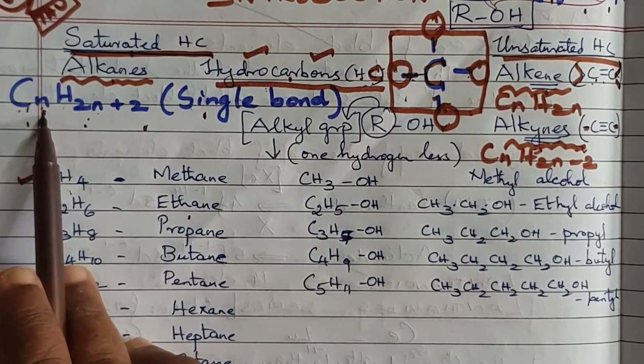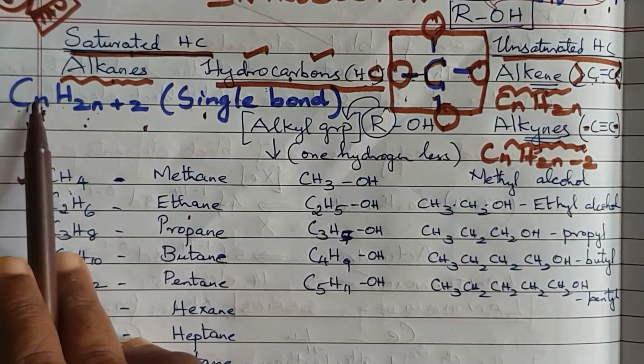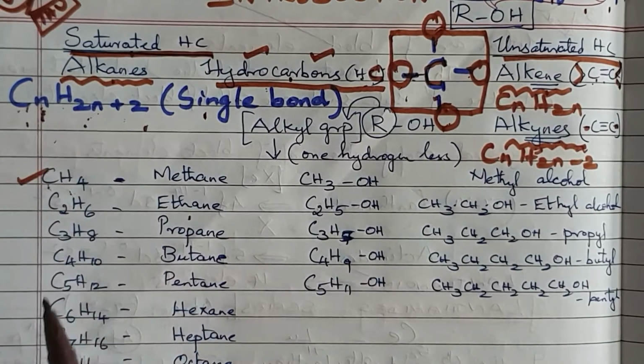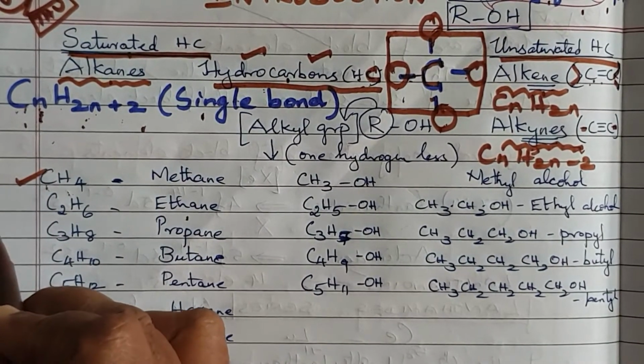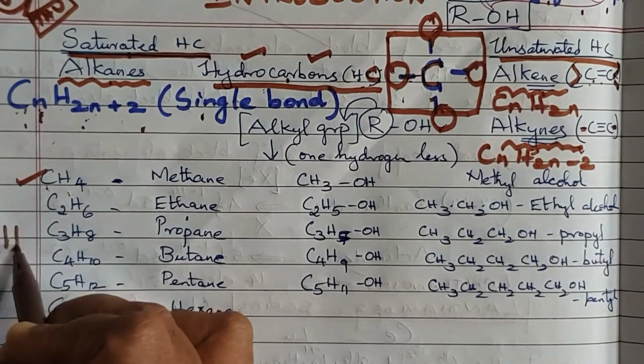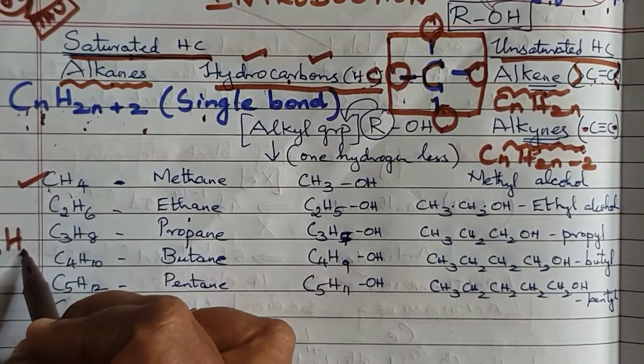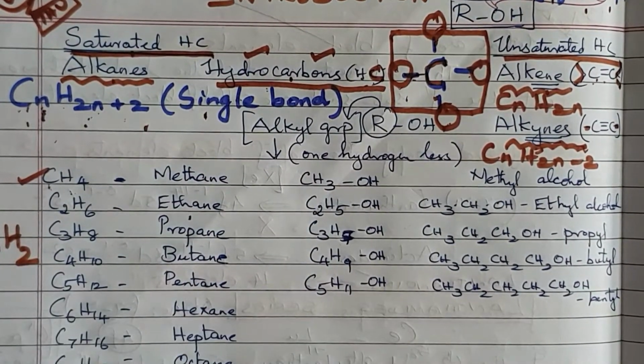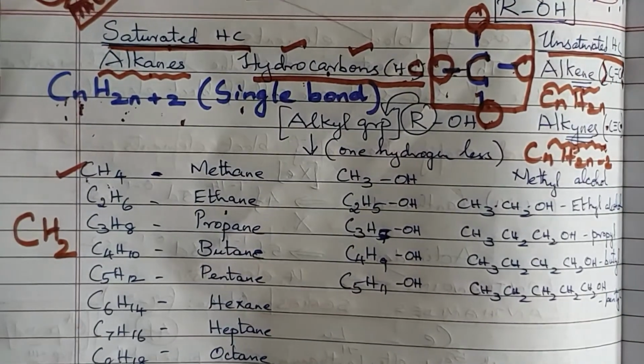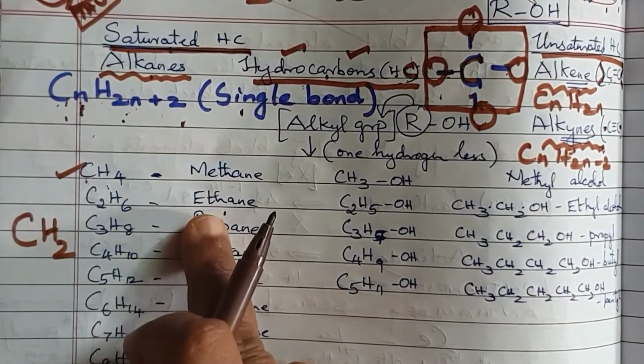If n is equal to 3, then the compound will be C3H8. So you will have one carbon atom more in every member of the series and two hydrogen atoms more in each successive member.